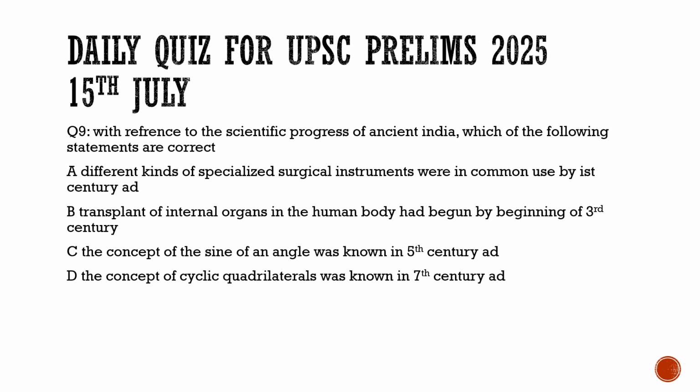It is incorrect. Statement C, the concept of the sign of an angle was known in the 5th century AD. 100% true. And statement D, the concept of cyclic quadrilaterals was known in the 7th century AD. 100% true. So for question number 9, A, C and D are the correct options regarding the scientific progress of ancient India.